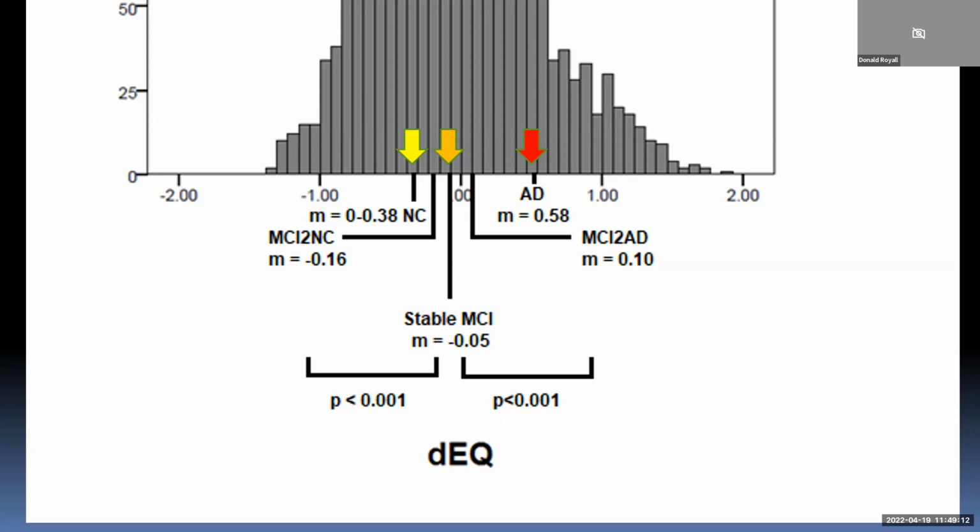And on the right of the orange are the cases initially diagnosed with MCI who later converted to AD. And that group is also statistically discriminable from stable MCI. So the D-score is making clinically meaningful discriminations in the dementia severity of individuals who are already lumped together as MCI, but have different longitudinal outcomes.